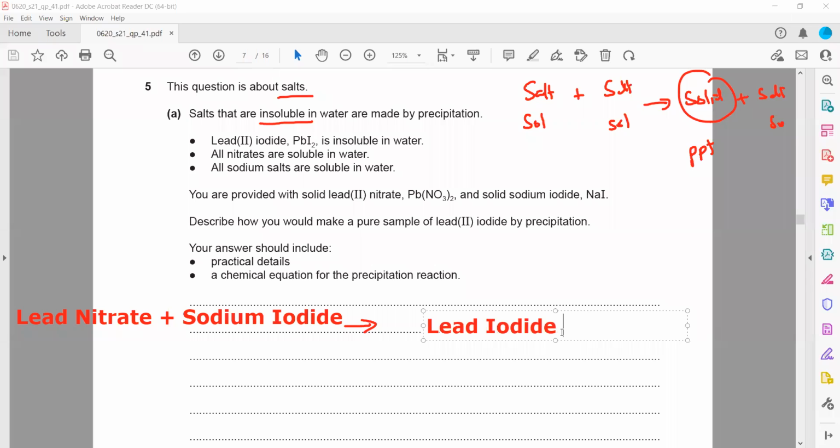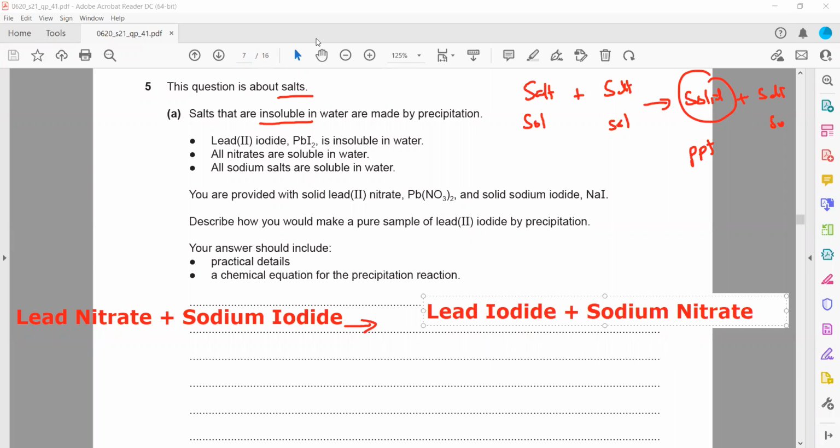It will form lead iodide plus sodium nitrate. This is called ionic precipitation. This is aqueous, this is aqueous, this one is solid, and this one is aqueous.